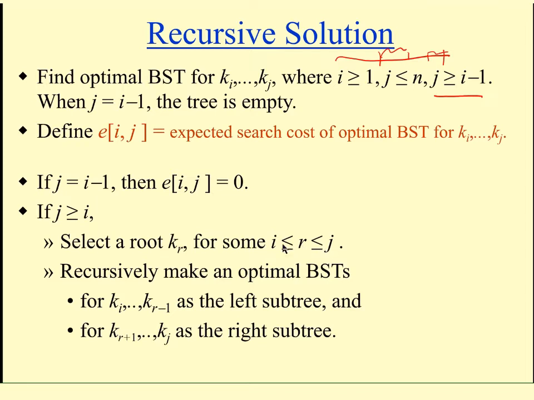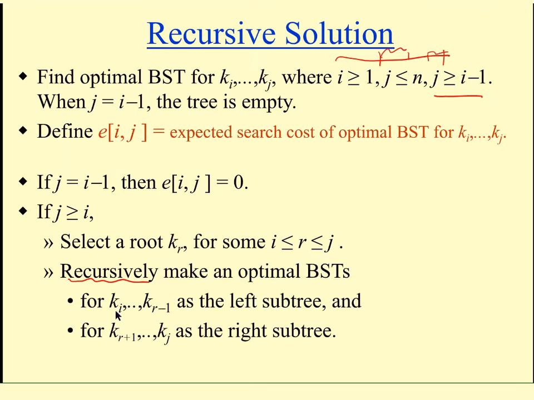Because you have two subtrees, you want to find the optimal BST for these subtrees. You use the same method to solve the whole, which is from i to j.